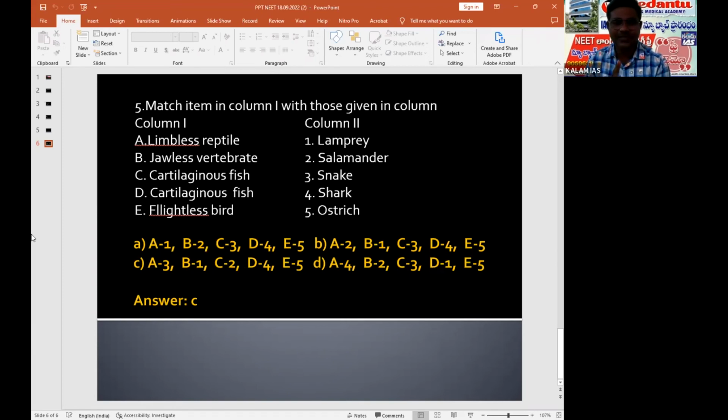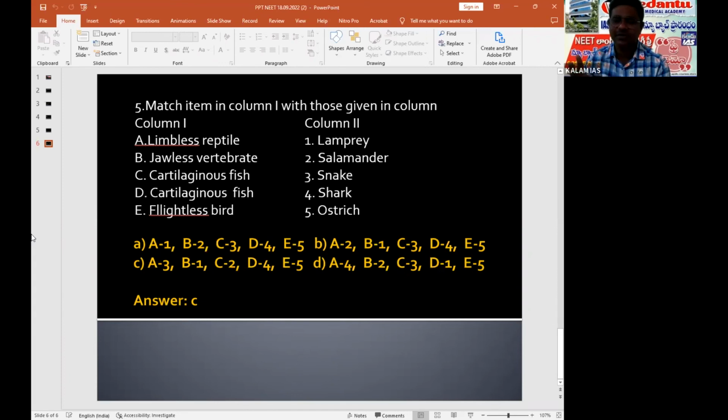Next, jawless vertebrate, lamprey, and cartilaginous fishes, shark, the best example. And flightless bird, we have an ostrich. So this is the flightless bird.